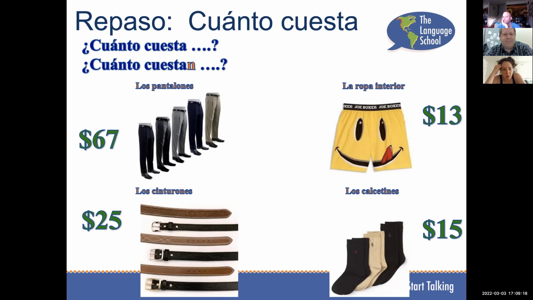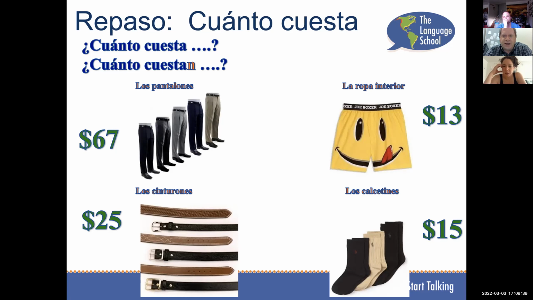Los cinturones cuestan $25. ¿Cuánto cuesta la ropa interior?